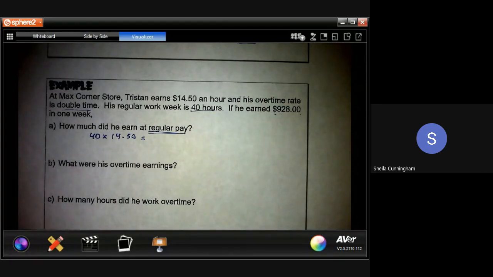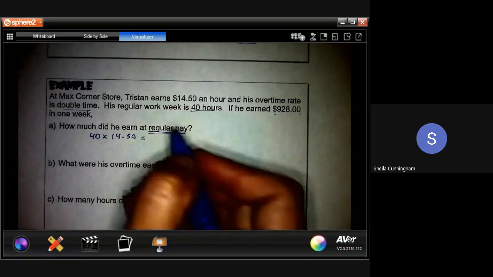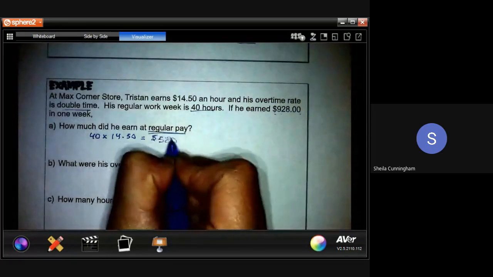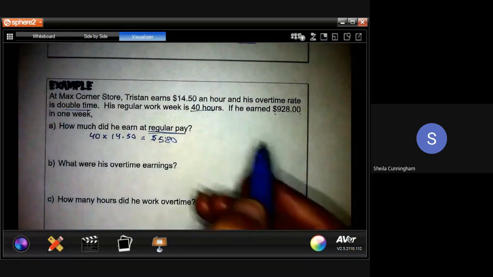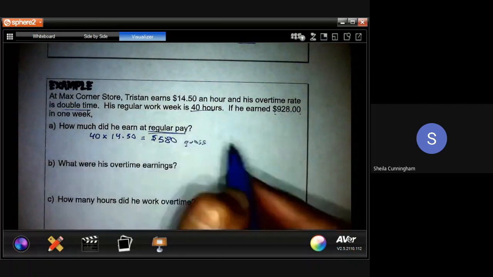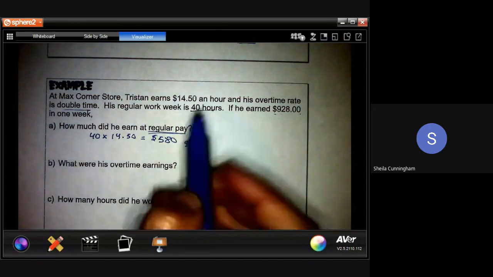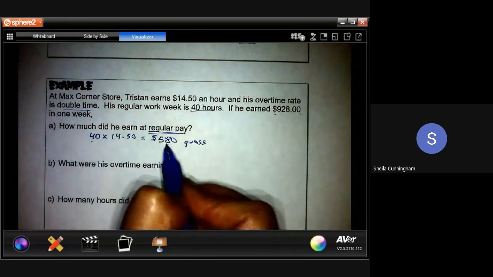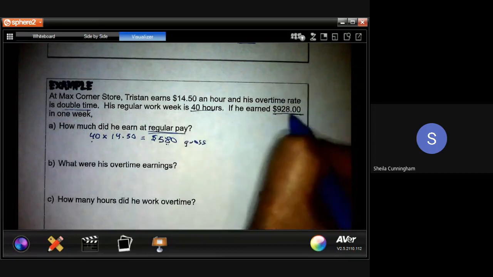So if I take the 40 times the $14.50, we get $580. So that is his gross in regular, just regular pay. So he's worked 40 hours and this is all he's getting, but look at what he earned in 1 week.